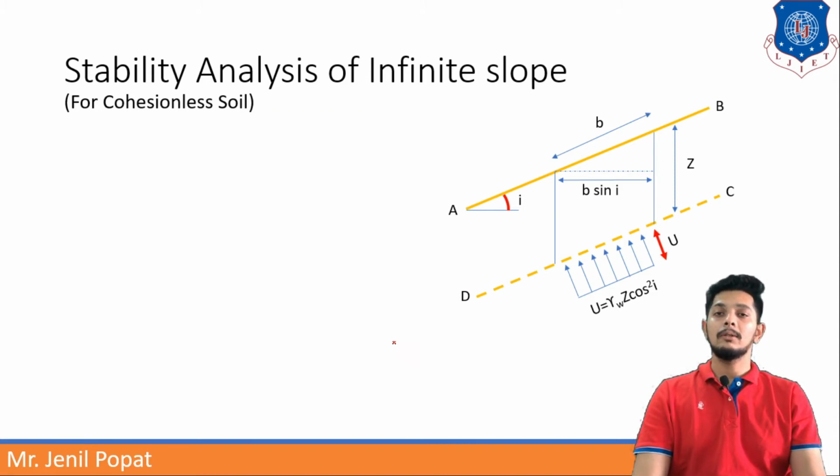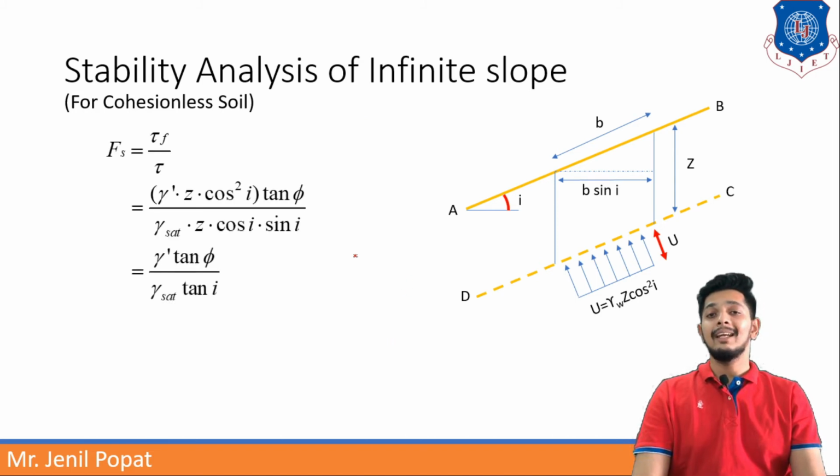Moving further, we can write the factor of safety tau f by tau as gamma dash Z cos square I into tan phi upon tau, which can be written as gamma saturated Z into cos I into sin I. Now cancelling the Z values and the cos I values, we get gamma dash tan phi upon gamma saturated tan I. So the factor of safety for steady seepage will be Fs is equal to gamma dash tan phi upon gamma saturated tan I. Do remember all the factor of safety formulas as well as the sigma and tau formulas.